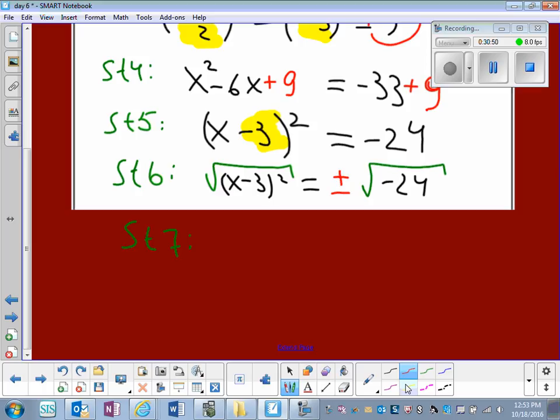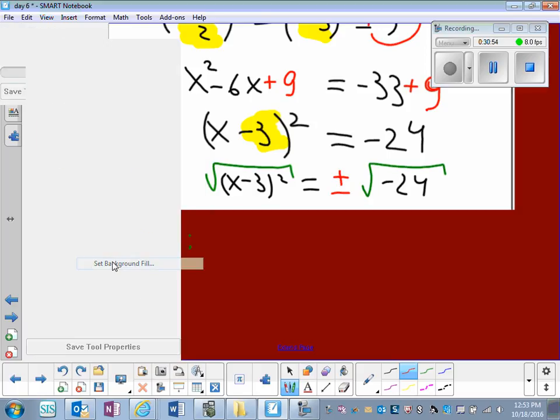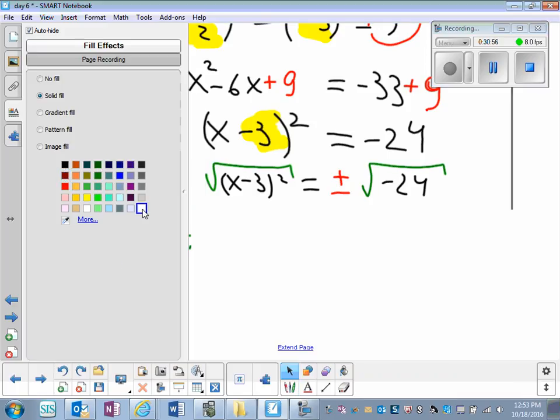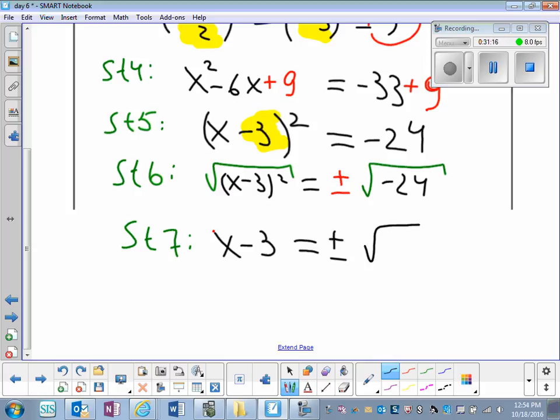Let me just change this. Okay, so this is just x minus 3 equals plus minus the square root of negative 24.